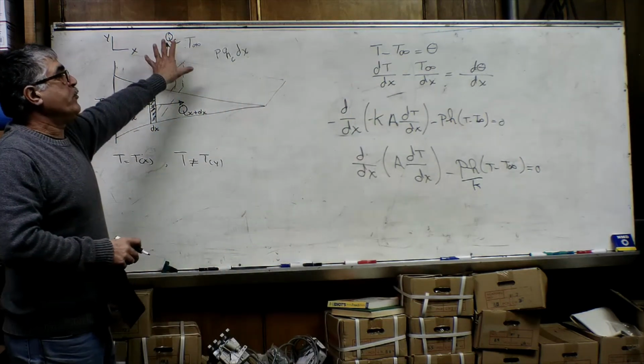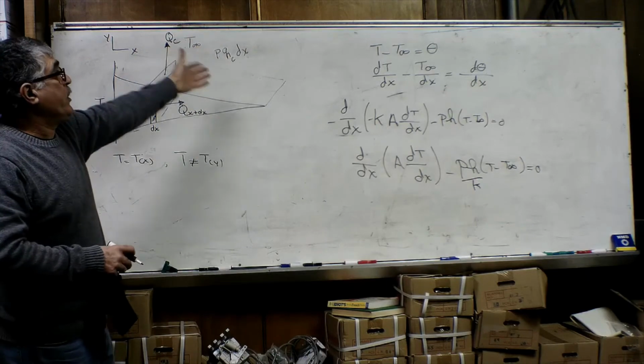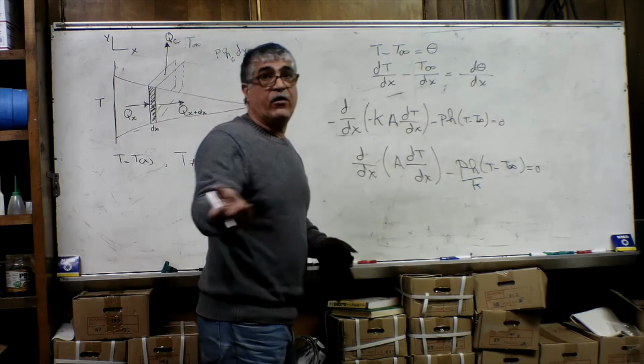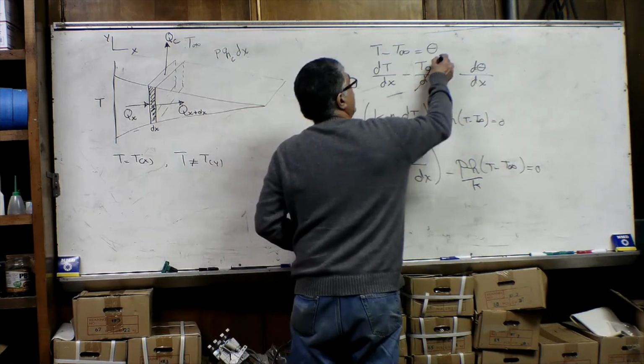Our outside temperature T infinity is in fact constant, so the derivative of a constant will be equal to 0.